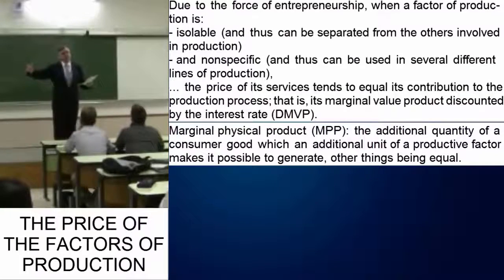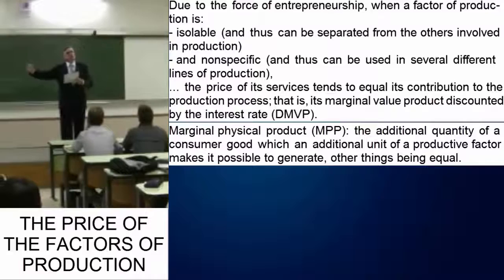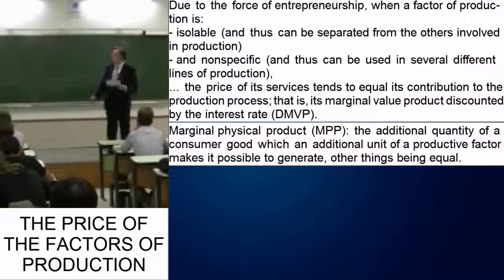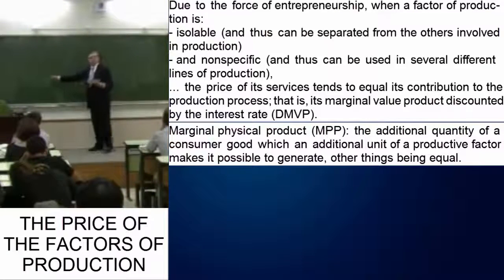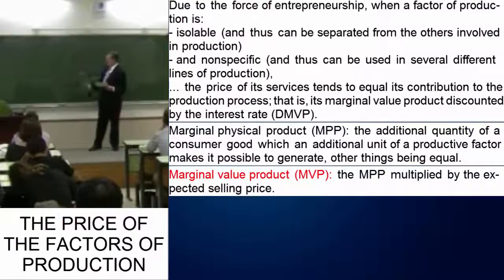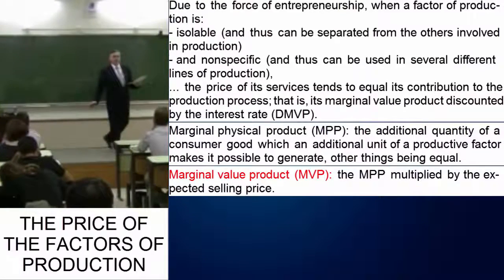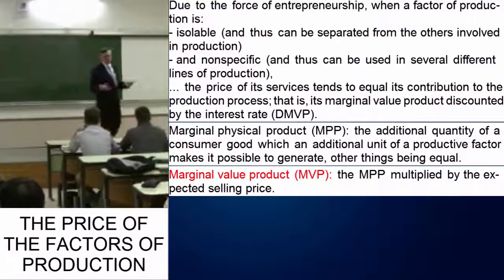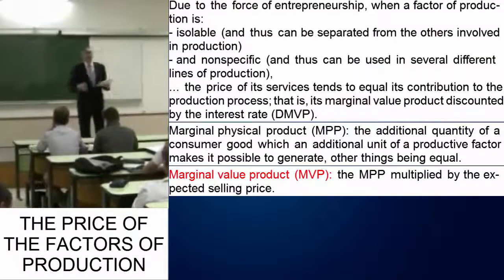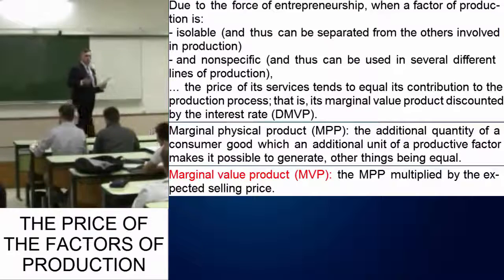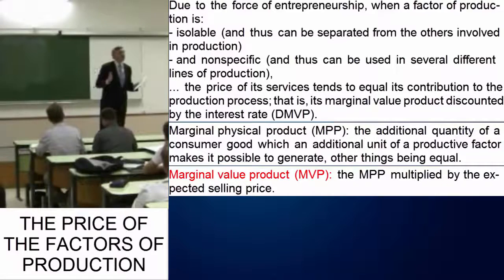Now we are ready to take another step. I have explained the concept of the marginal physical product, and now we can move forward. Our second step is to understand the concept of the marginal value product. It is quite simple. The marginal value product is equal to the marginal physical product multiplied by the expected market price.